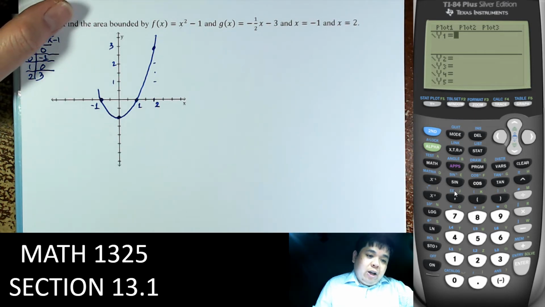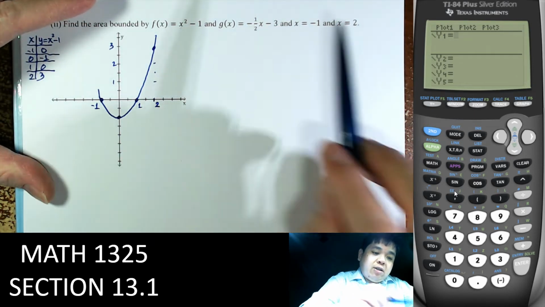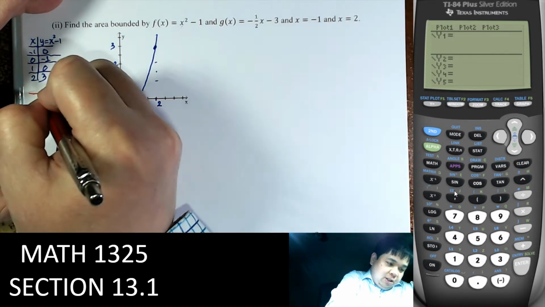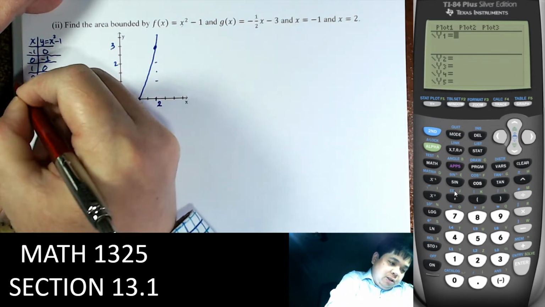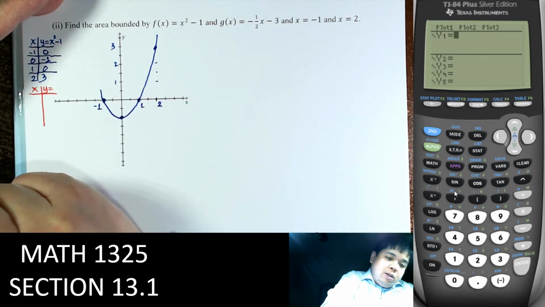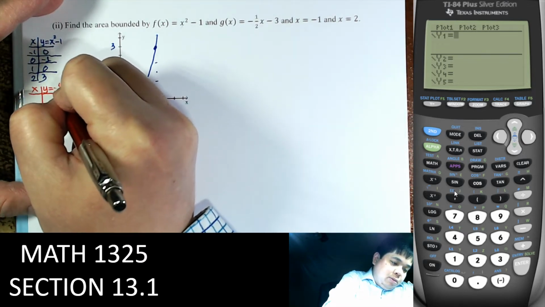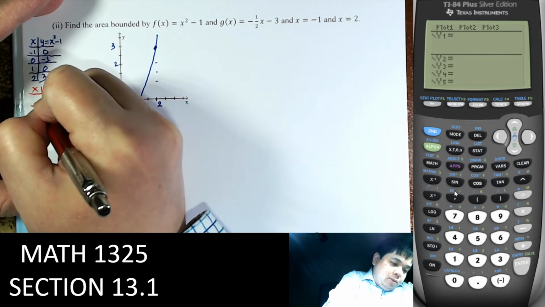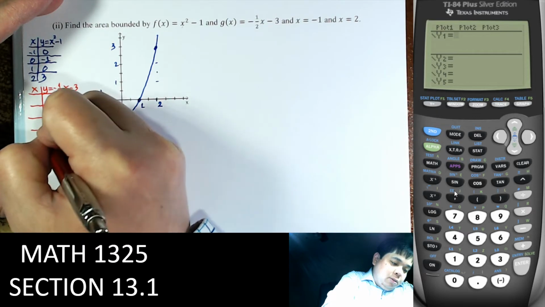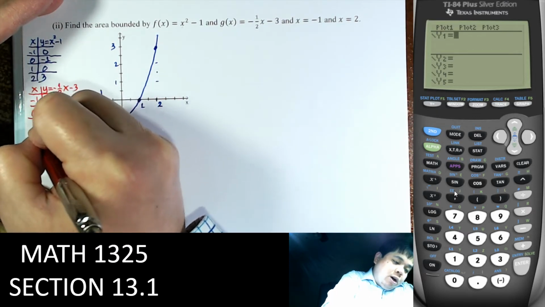And then next we have -1/2 x minus 3. So let's graph that. -1, 0, 1, 2. Right.